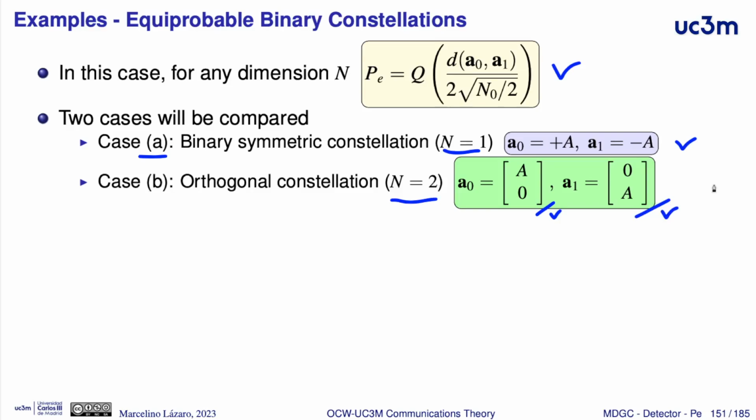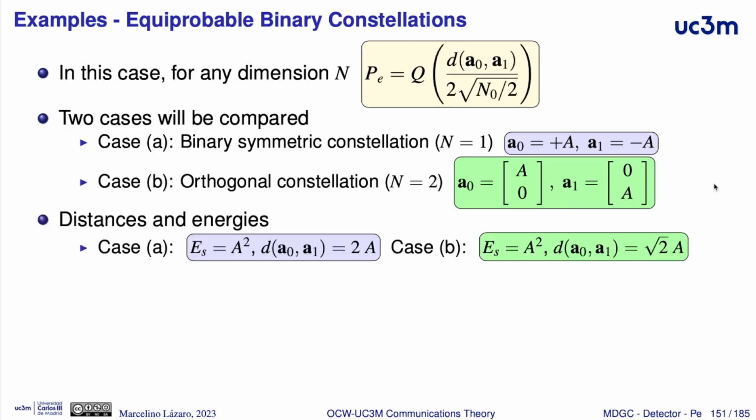It is straightforward to see that the mean energy per symbol in the first constellation is A to the power 2, because the energy of a symbol is its square modulus, the addition of the square of the coordinates, and in both cases we have A squared, so the average is A squared.